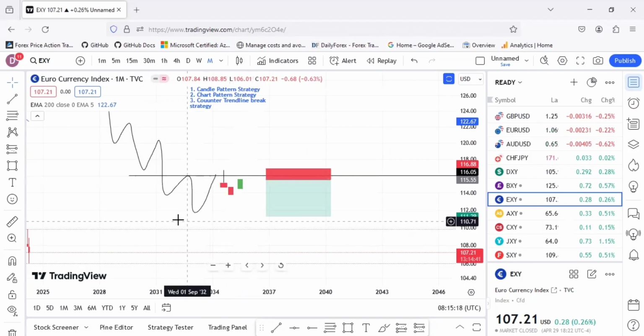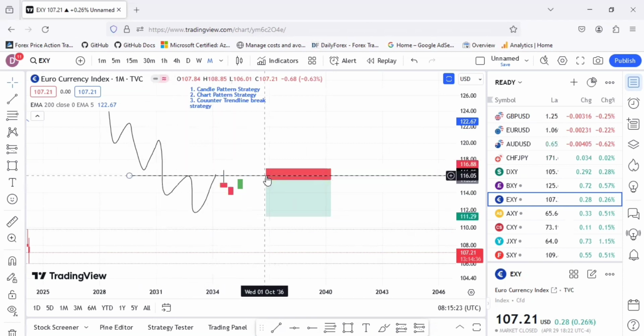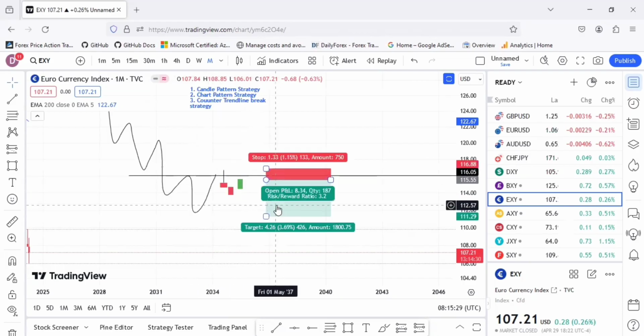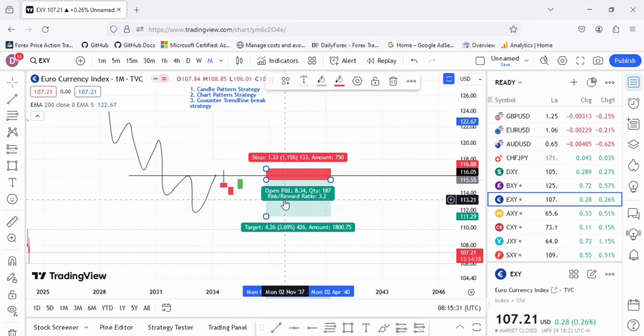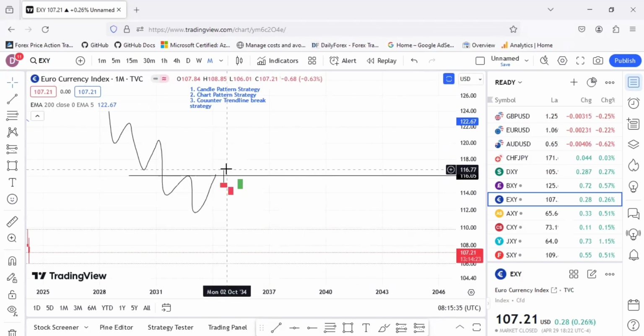You understand? So in a nutshell, when the price gets to your resistance level, try to wait and see the reaction of the market before you jump in. One of the reactions you have to look at is the pin bar, a candle with a long tail.